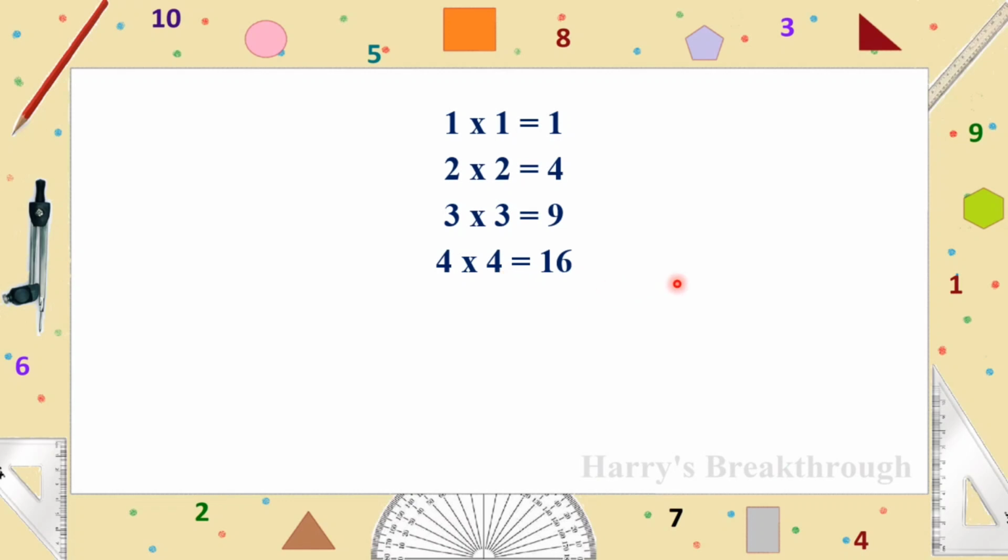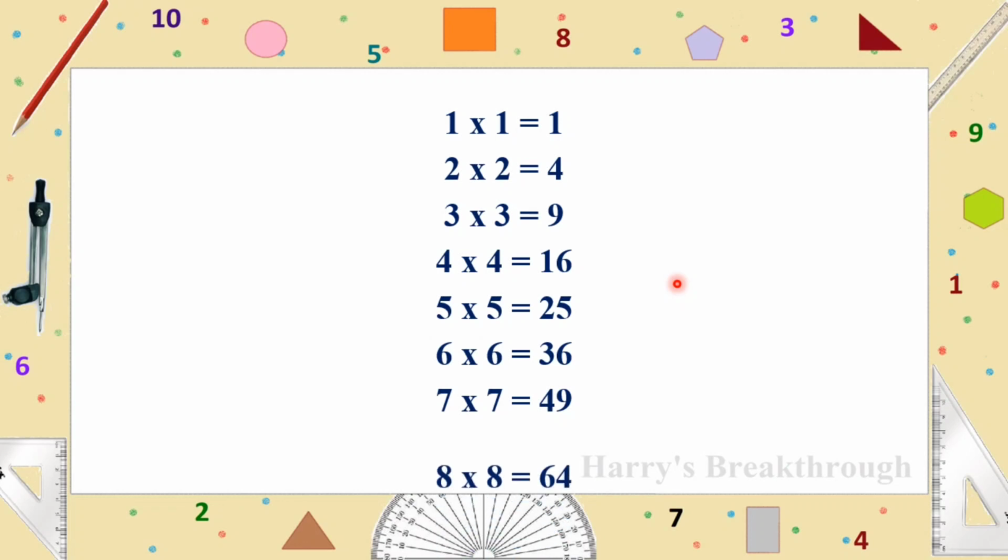Then if we add the number of triangles at the fifth row with this, we will get 5 into 5 is equal to 25. By continuing this, we will get the total number of triangles up to the 8th row is 64. So we can count the number of triangles in this method also.